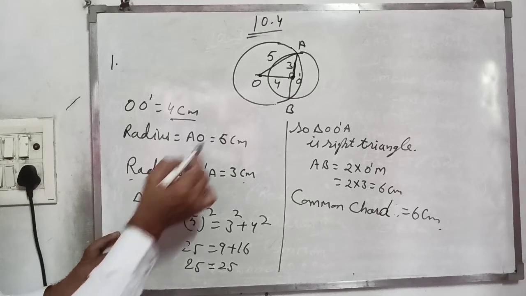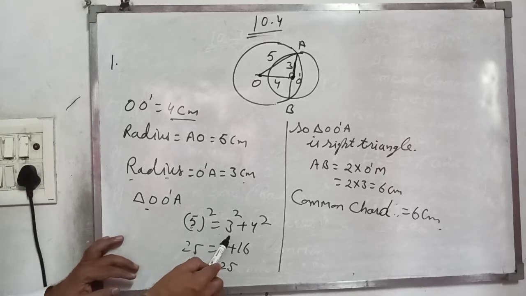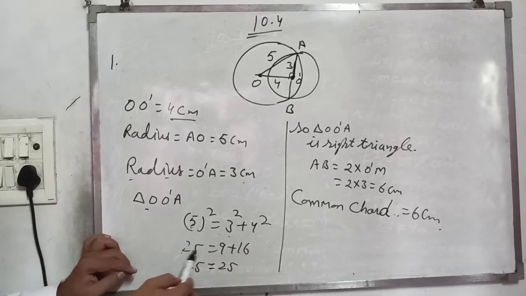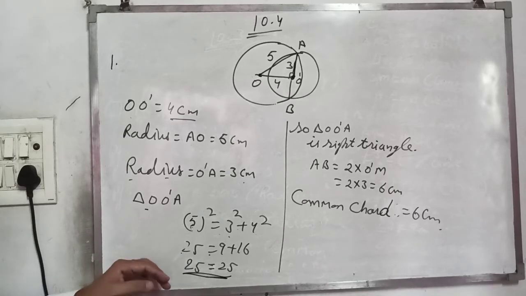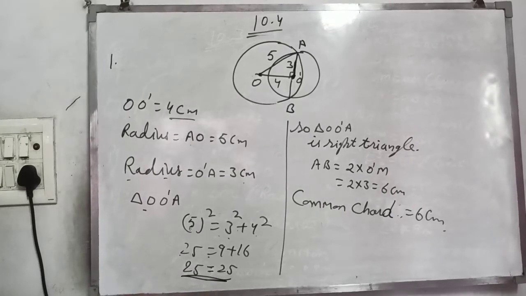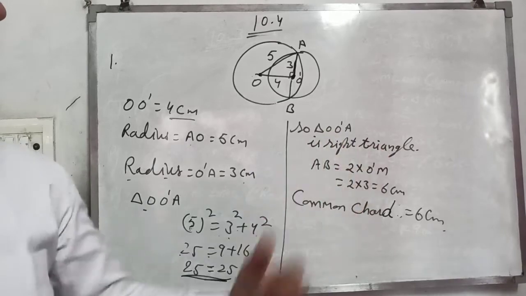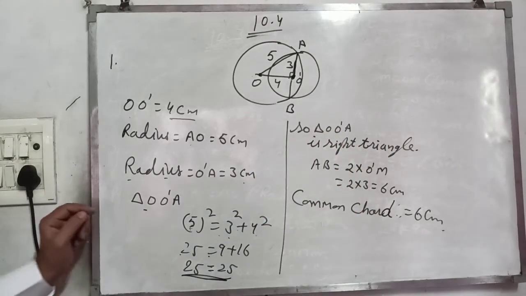Now in triangle O dash A, the greater side is 5 centimeters, so the square of 5 equals the square of 4 plus the square of 3. So you get 25 equals 25. By the converse of the Pythagoras theorem, the triangle is a right angle triangle.